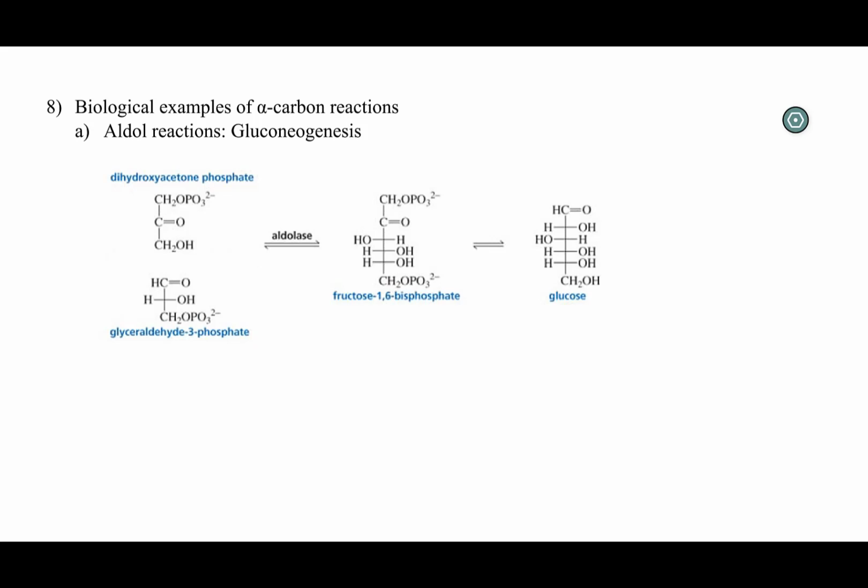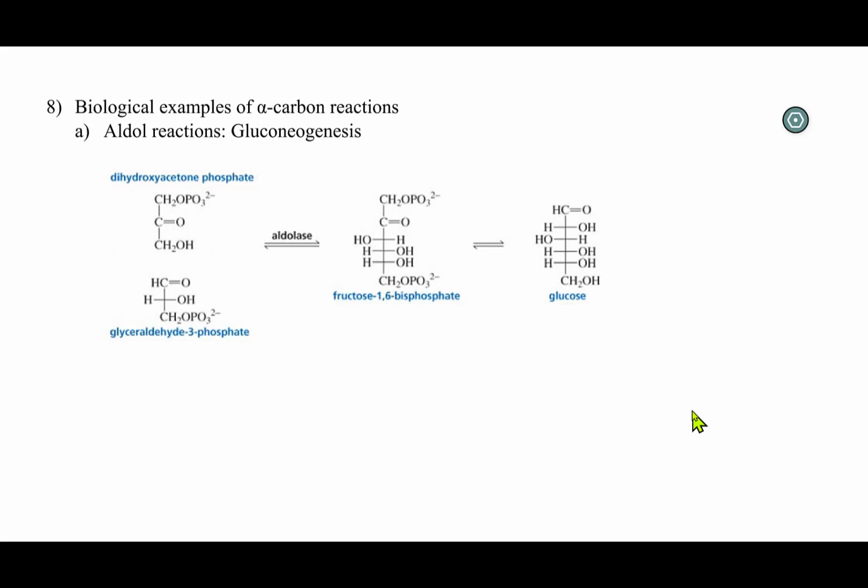And you'll notice that we have dihydroxyacetone phosphate and glyceraldehyde 3-phosphate. If you've taken a bio class, like Bio 11A and B, these may be familiar to you because they're the compounds used in some of the metabolic pathways that are typically talked about. These two molecules actually come together to form glucose.